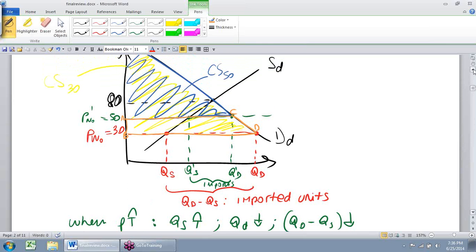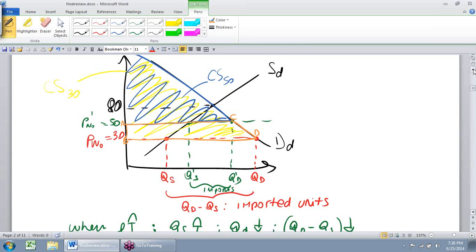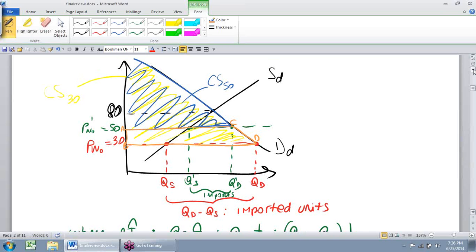Okay, so when you are in perfect competition and the price is 80, the consumer surplus is the area above 80 and below the demand curve. What you are talking about is the overall surplus, so the consumer plus the producer surplus.